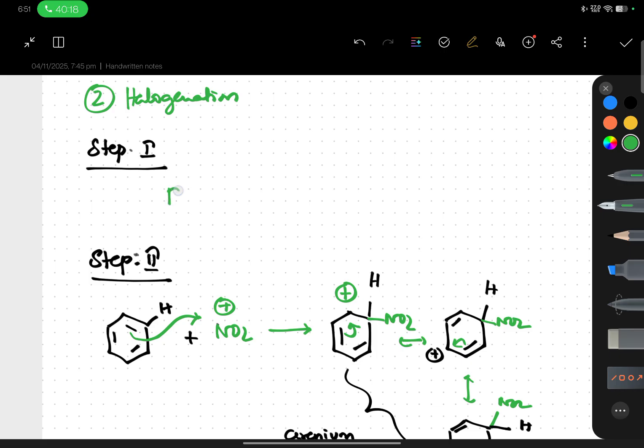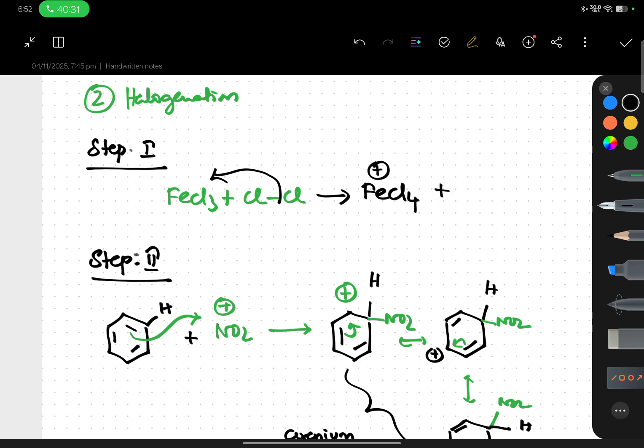So we have FeCl3, Cl and Cl. What will happen? This chlorine gets added to this, so you'll get FeCl4 minus plus Cl plus. What is this called?